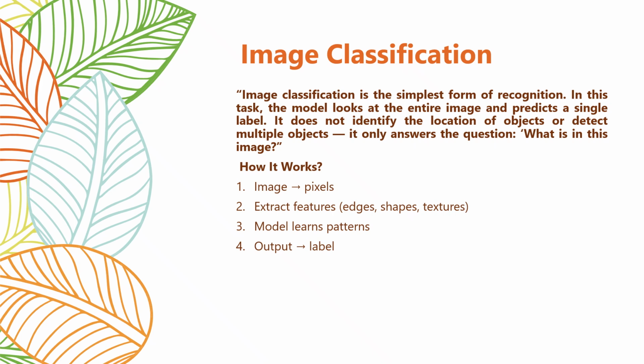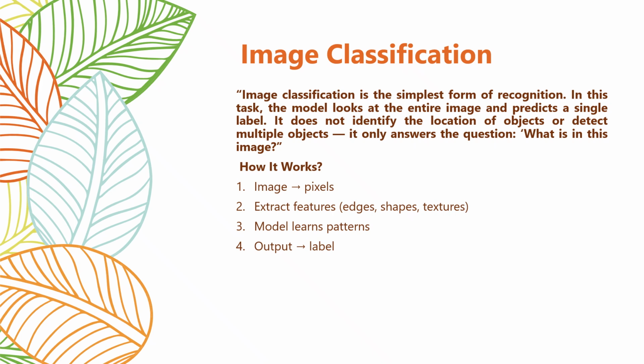For example, if an image contains a dog, which we have already discussed, then the model simply gives you the output as dog. It does not tell us where the dog is located, nor can it detect multiple objects. It only predicts the overall category.